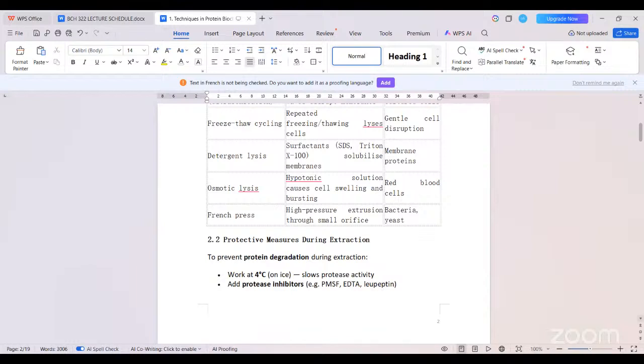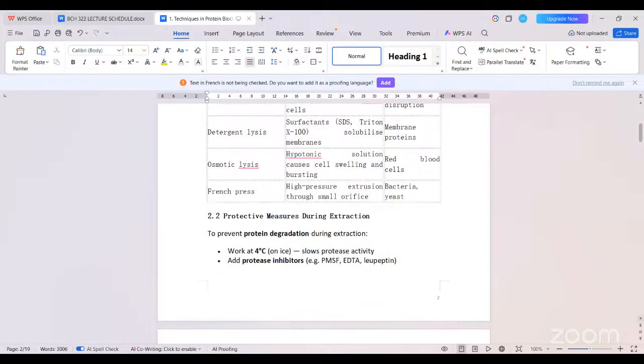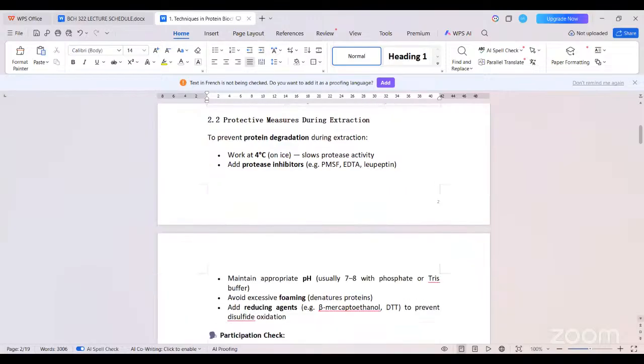Number two, because once the cell wall is disrupted, everything within the cell organelle comes out, including other enzymes, we must prevent the protein of interest from being degraded. So, addition of protease inhibitors, that is, inhibitors of protease. Protease is an enzyme that breaks down proteins. So, addition of protease inhibitors.